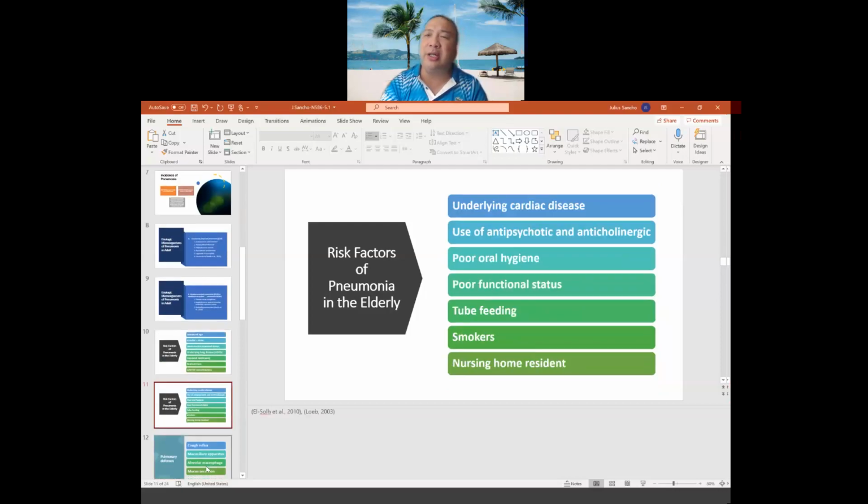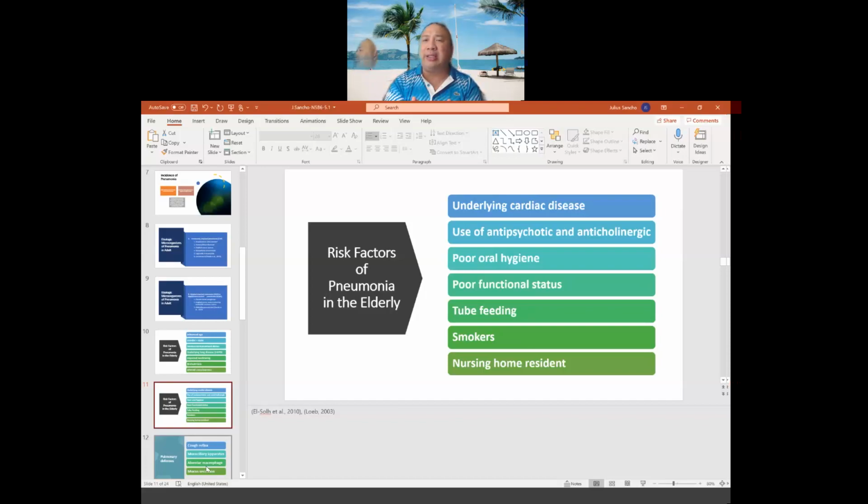In addition, residents who have underlying cardiac diseases, like CHF, could be prone to develop pneumonia. The use of antipsychotics and anticholinergics. Why? One of the effects of antipsychotics is EPS, extrapyramidal symptoms, which could cause aspiration.